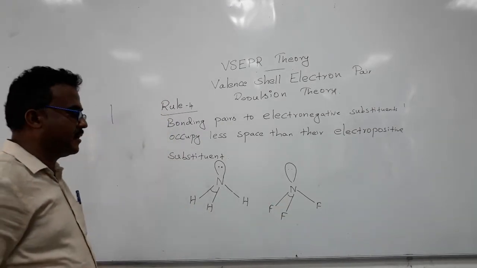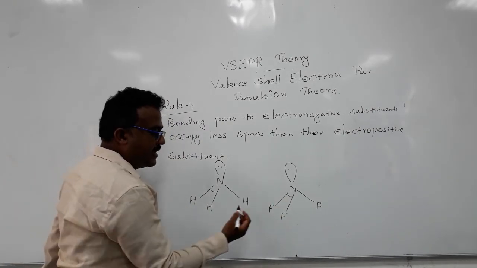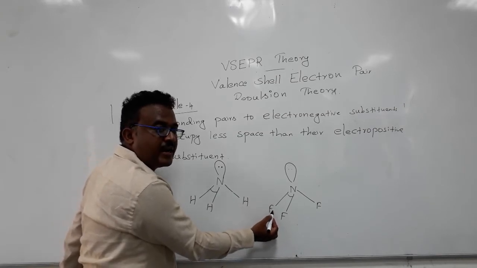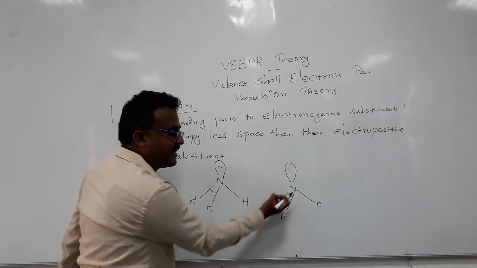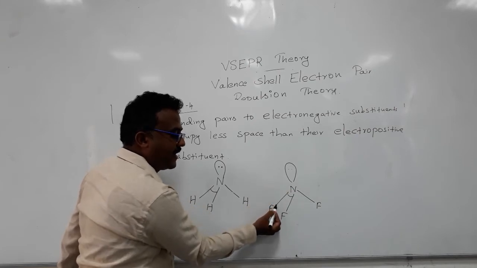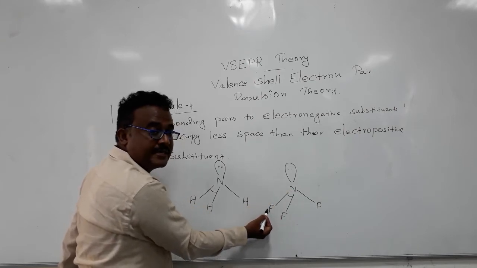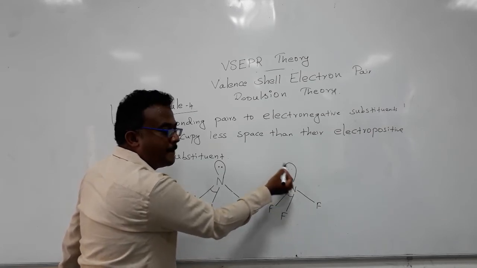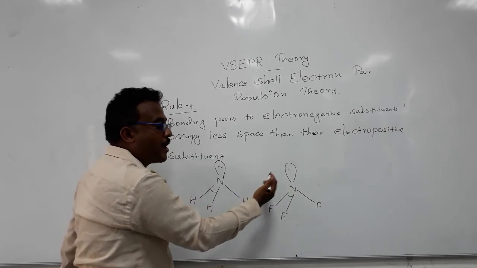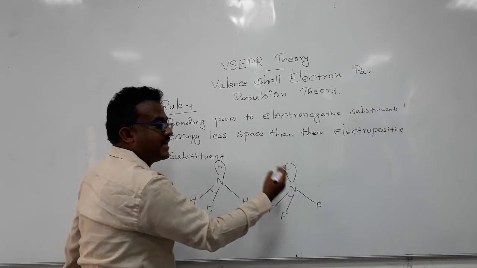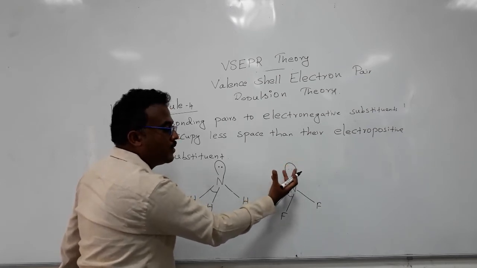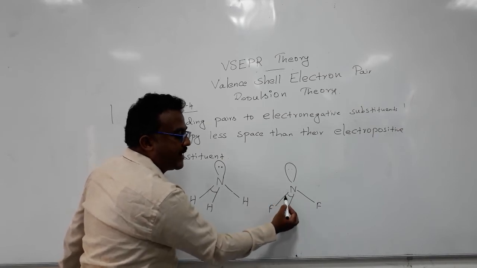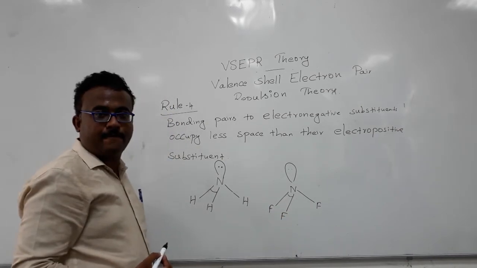Fluorine is a highly electronegative substituent which can attract the bonded pair of electrons near to the fluorine center. So the lone pair can take more room, decreasing the bond angle of FNF.